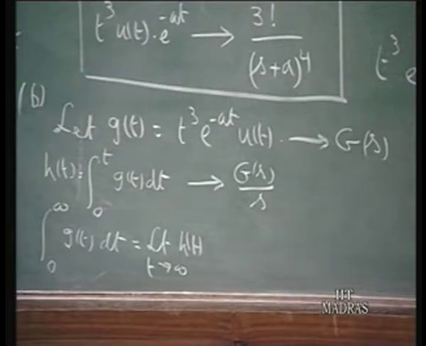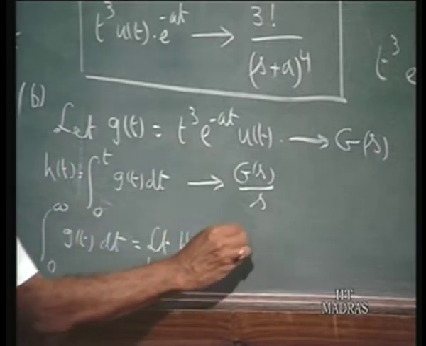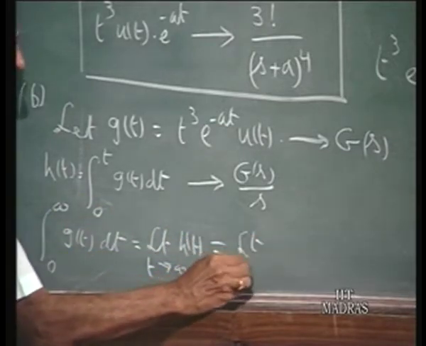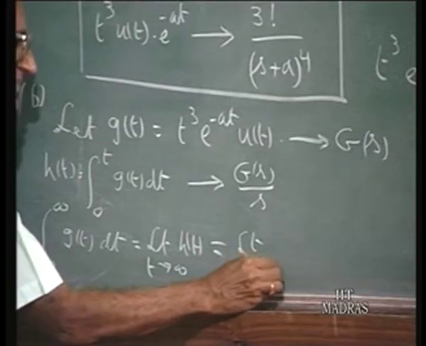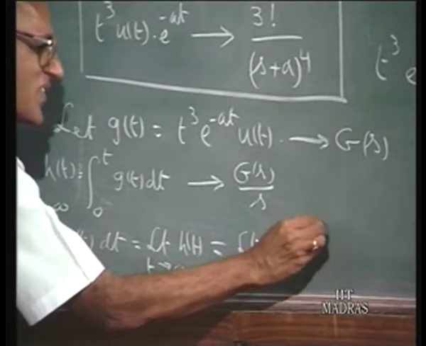So, the final value of this function we want to find out. This function has got this Laplace transform g(s) over s. To find out the final value of this function, this is equal to the limit as s tends to 0 of s times g of s over s.